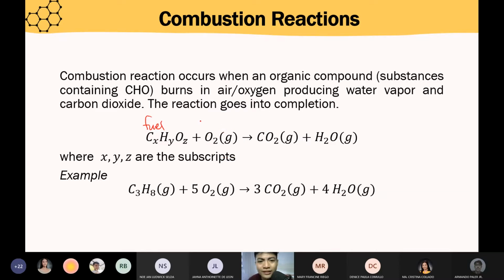Kasi tignan nyo, I think one of your experiments sa gas laws, yun ba? Maglalagay kayo ng kandila or apoy sa loob ng bottle, and then tatakpan nyo ng egg. So ano yung purpose ng egg? The purpose of the egg is that it prevents oxygen from coming into the bottle so that the combustion will stop. However, in terms of gas laws, since the oxygen molecules inside the bottle decrease, the pressure inside also decreases.